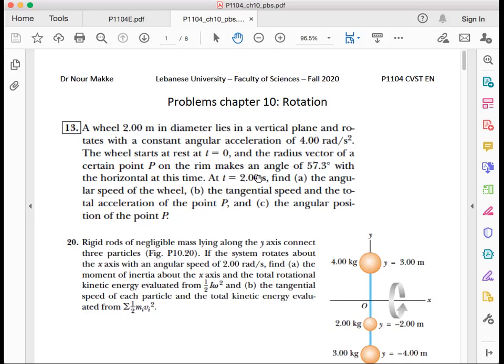Now, at time 2 seconds, you have to find the angular speed of the wheel, which is omega, the tangential speed v, and the total acceleration of the point P. And finally, you have to find the angular position of the point P.